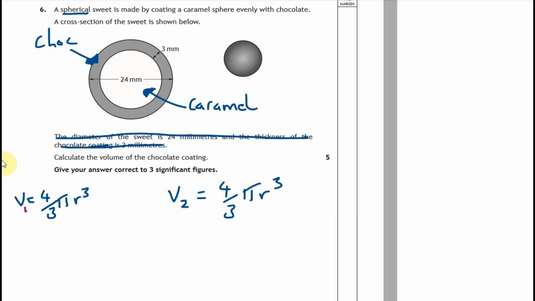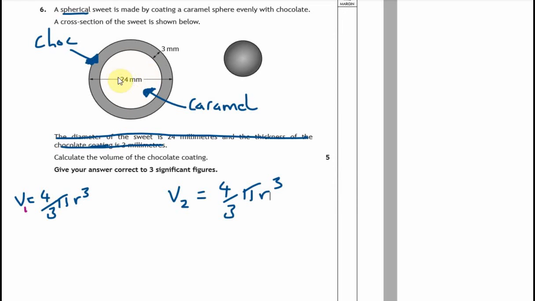So if we want to work out the exterior shape only, I'd be working out the entire shape and then taking away the white section. Do we agree? So work out the volume of the entire section and then take away this internal volume.